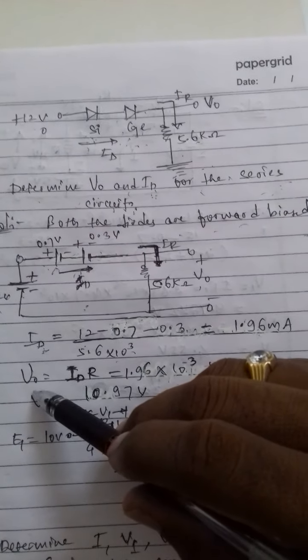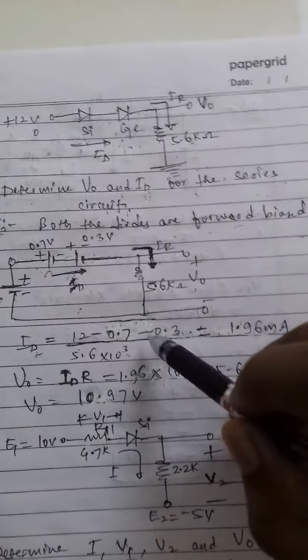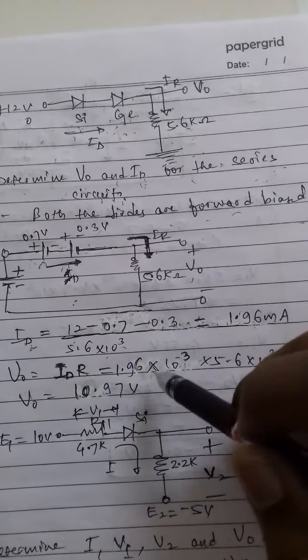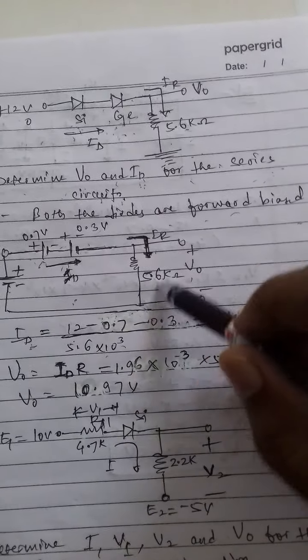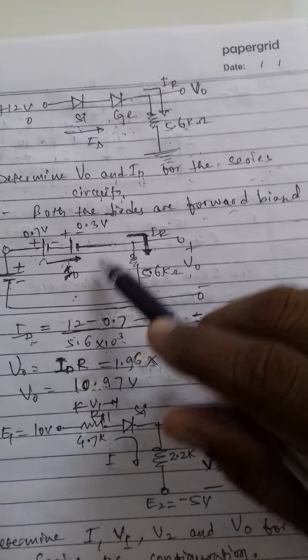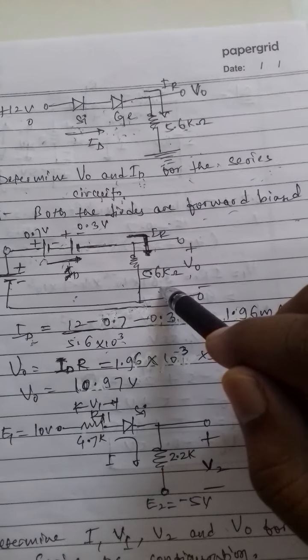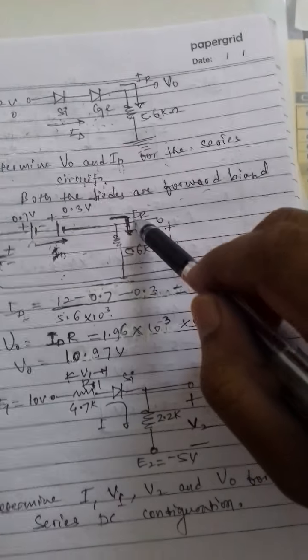So the output voltage is equal to ID into R. The current flowing through the diodes is 1.96 into 10 raised to minus 3, and that is the load resistance, because the same current flows through this path, since ID is equal to IR.